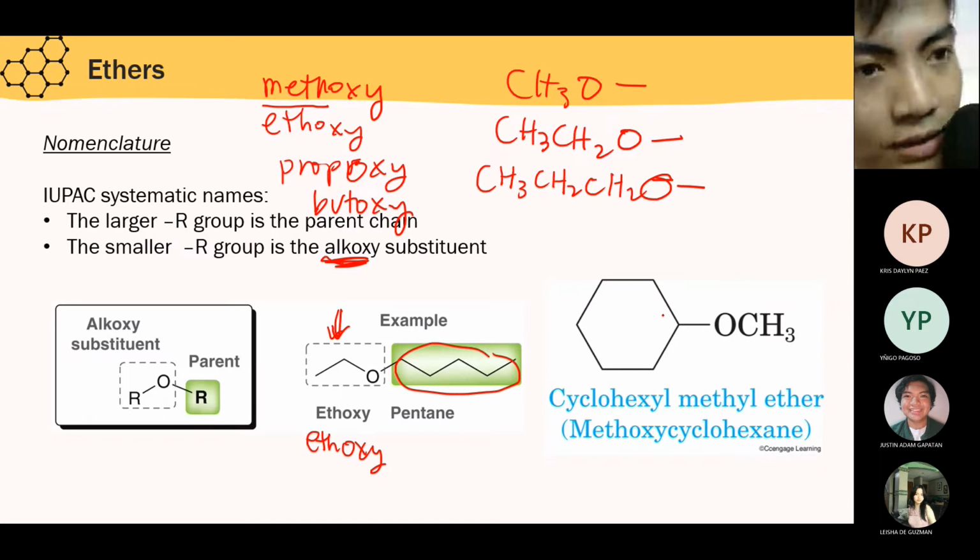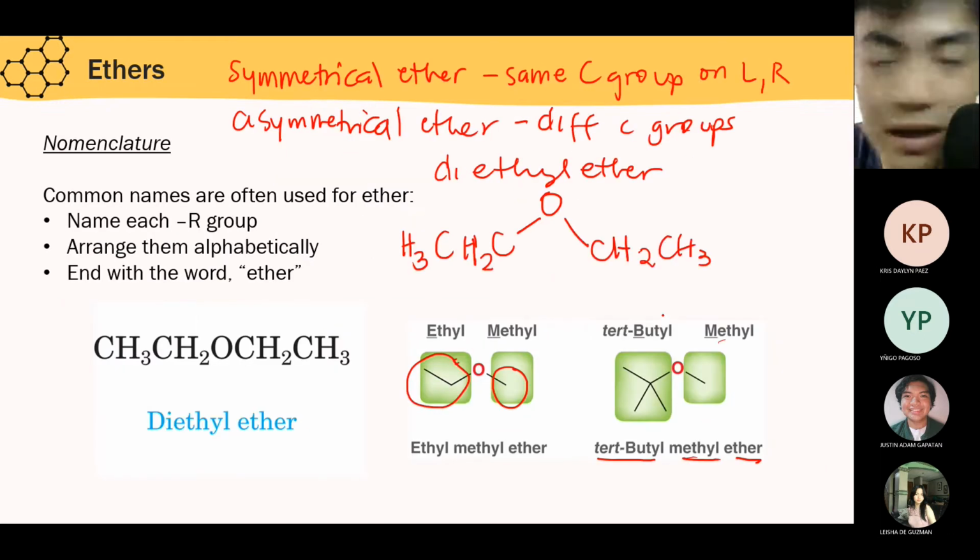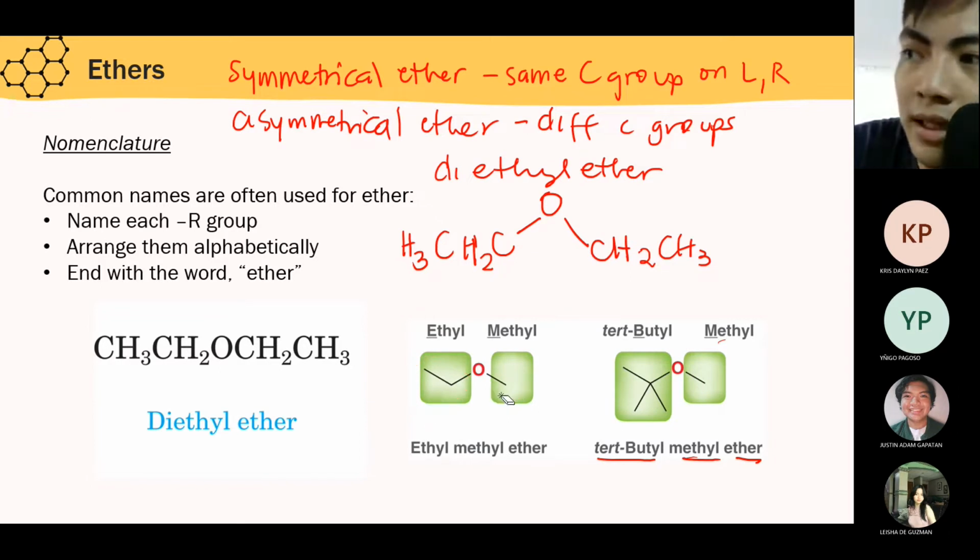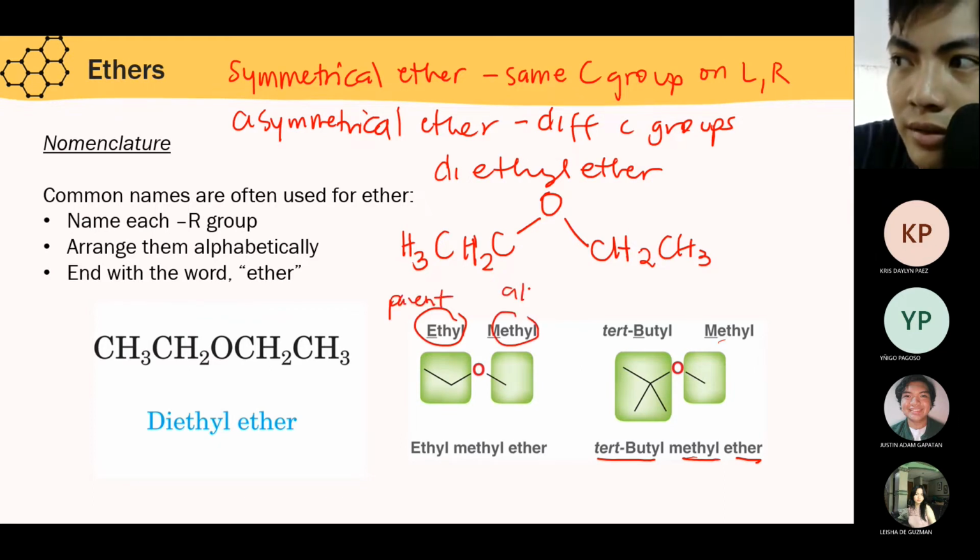So balik ulit tayo dito sa mga to. Kasi may mga common IUPAC name din sila. So ito, pangalanan natin IUPAC name. O sino mas mahaba? Edi yung ethyl. So siya yung parent. Ito yung alkoxy. So isasama niya yung oxygen sa pangalan niya.